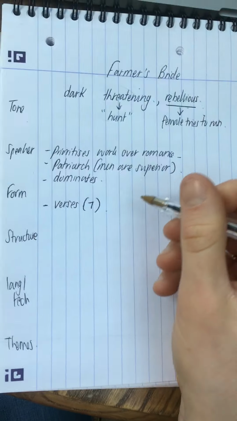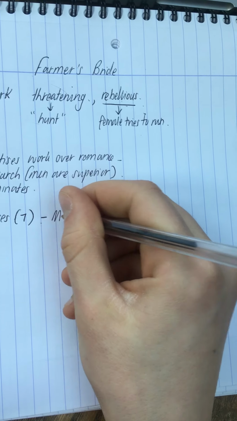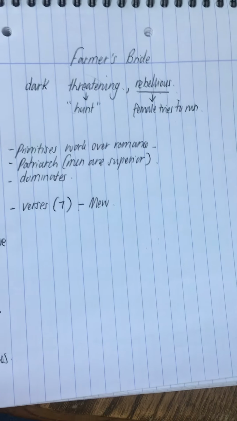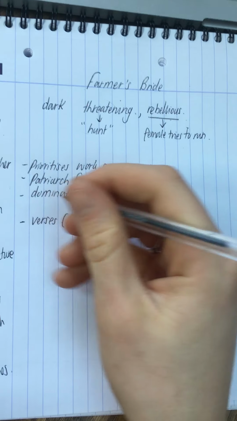The verses could suggest maybe Mew, who's the poet, not the narrator, but the person who actually wrote the poem.